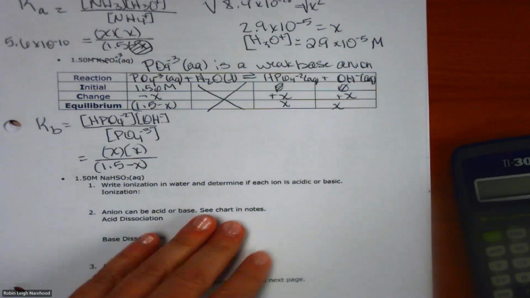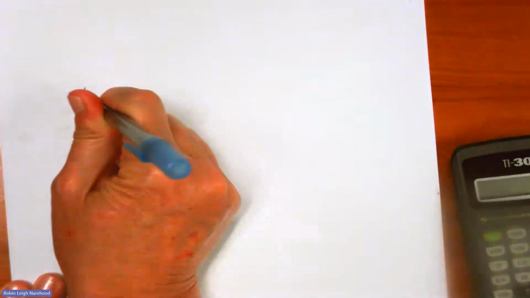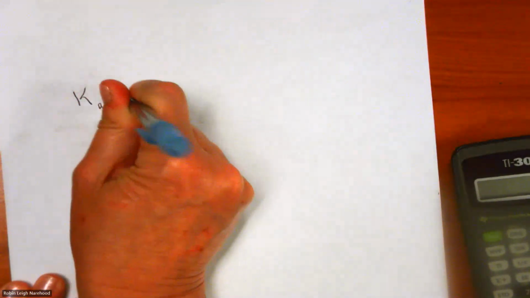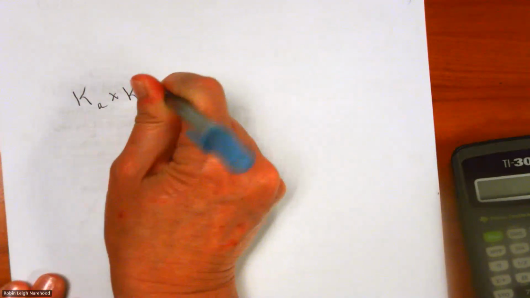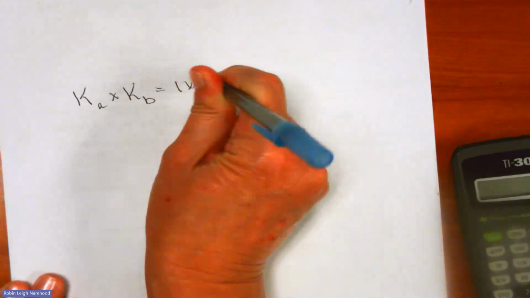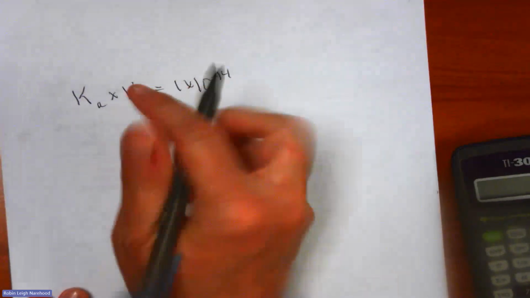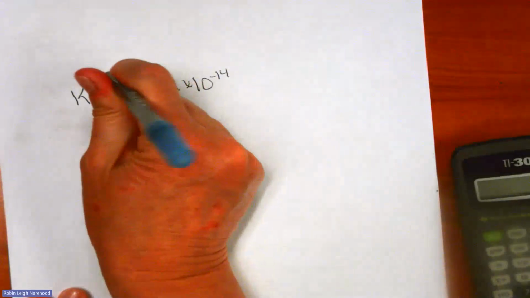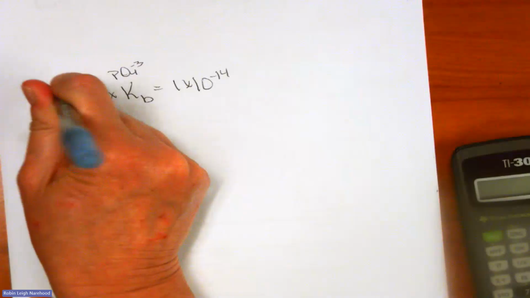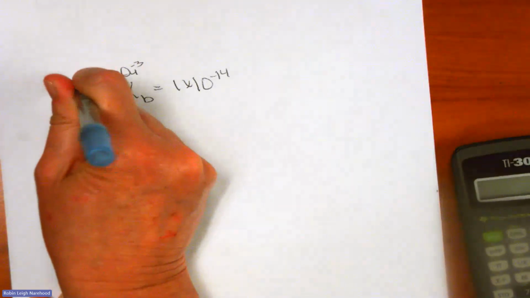So I'm going to write this on the back here, the off to the side calculation. The only way to get the Kb that we want is to look up the Ka. Okay, so we have a base, and that's going to be for phosphate, and we have to look up the Ka of the HPO4 -2.